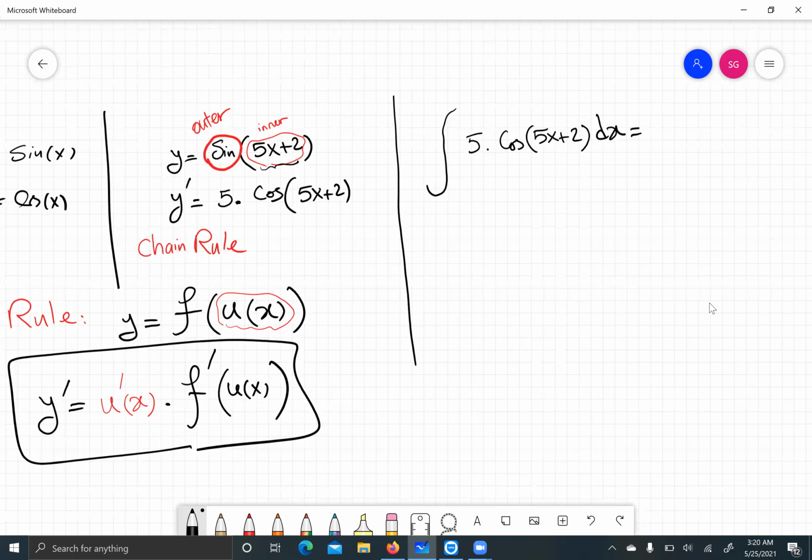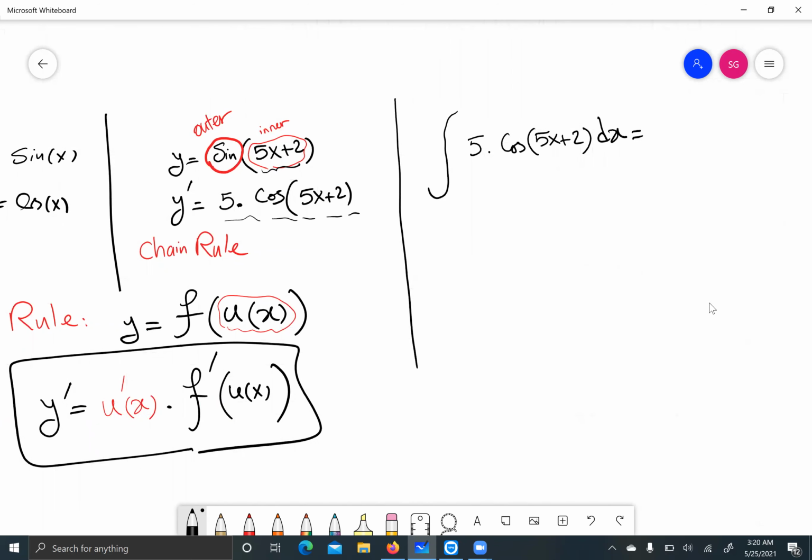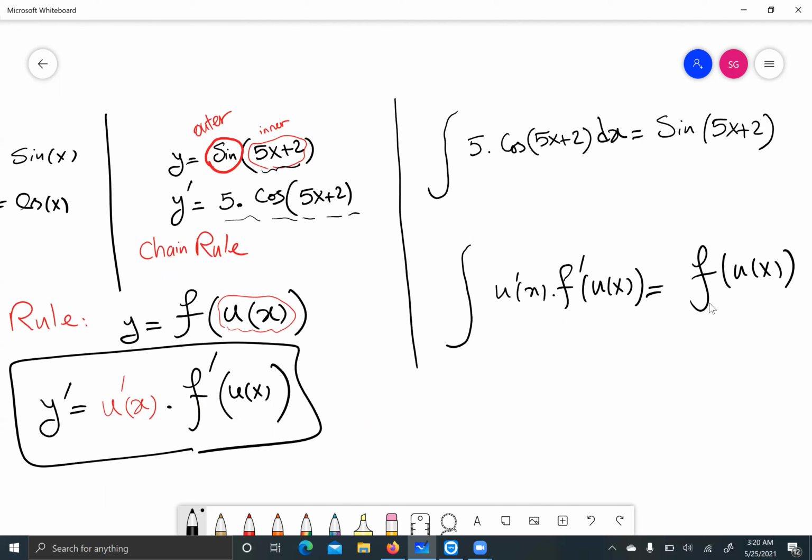So now this derivative is given. The question is, what is the antiderivative? And you just saw that with the chain rule, I showed you that this is the antiderivative of sine of 5x plus 2. So we are looking at cases where you have the integral of the chain rule form, u prime of x times f prime of u of x, and then you need to figure out what the antiderivative was. So it's just reversing the chain rule. Now you are given this and you need to figure out the original function, okay?